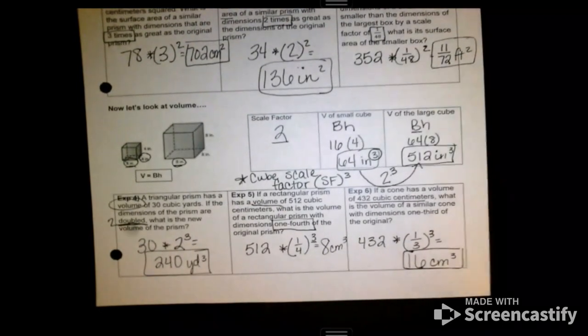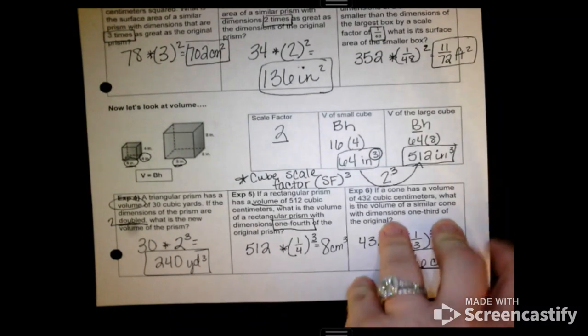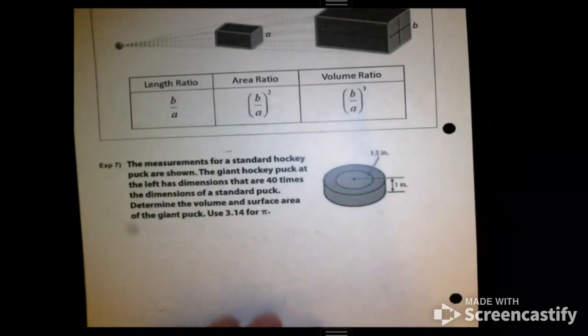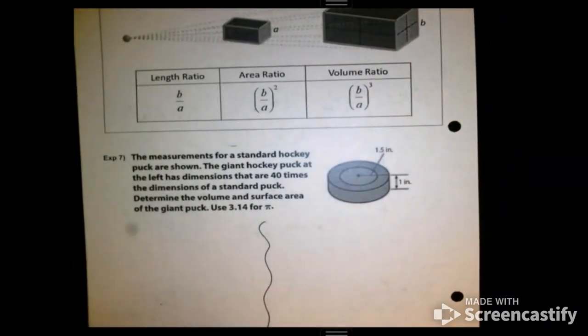Okay, I want you to flip it over. Look at the bottom problem. The example, what does it say? Okay, look at that one. I want you to read it to yourself for a second. What is it wanting you to find?